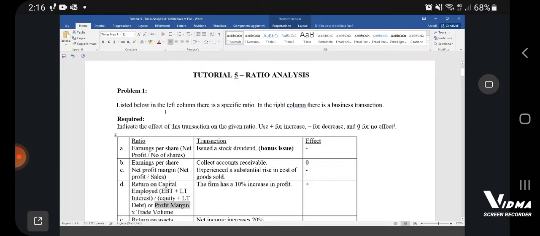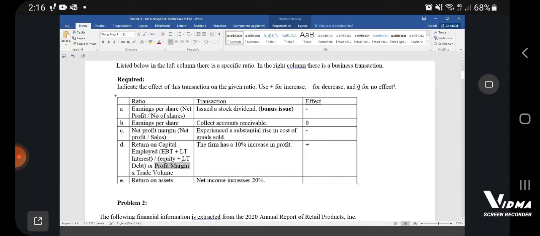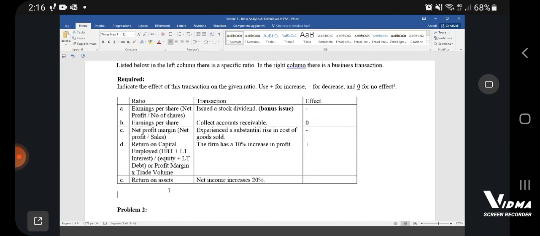I will just write here if you don't mind. That is earning before taxes plus long-term interest to sales multiplied. The second ratio is sales to the sum of equity plus long-term debt.